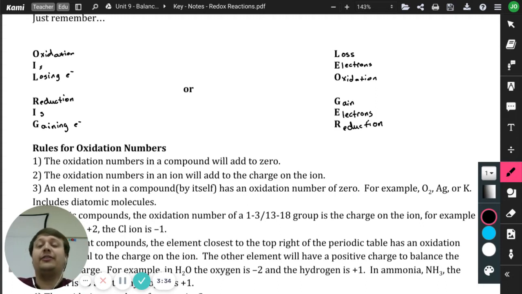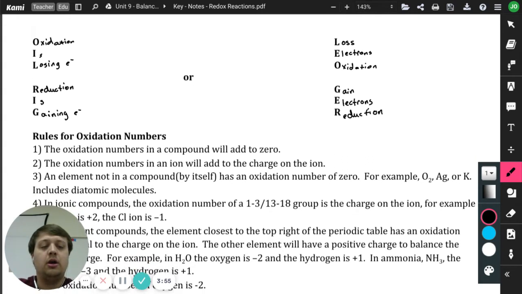Rule number 2 says the oxidation number of an ion will add up to the charge of that ion. So if I'm talking about something like phosphate, phosphate has a -3 charge. So when I add the phosphorus oxidation number and the oxygen oxidation number together, then they should add up to -3. Okay?